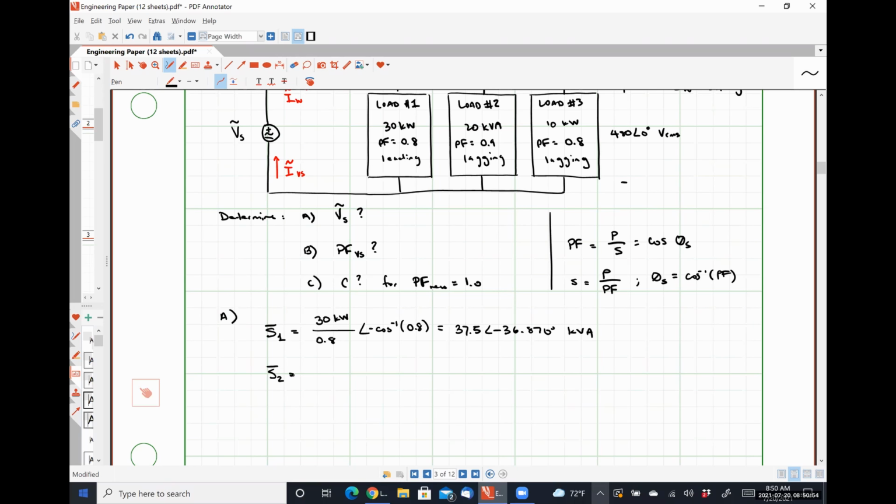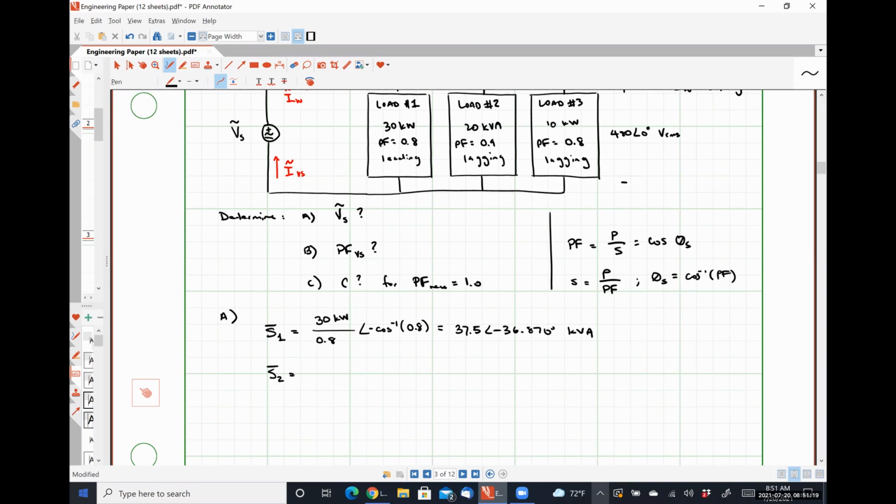The complex power absorbed by load 2. How are we going to do that? It gives us the absolute value, the magnitude, of the complex power.